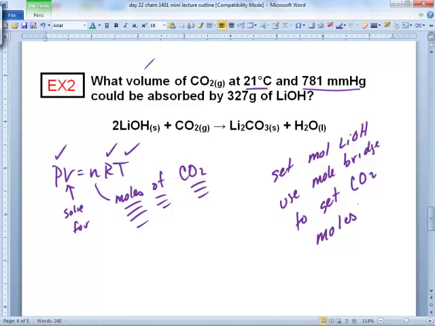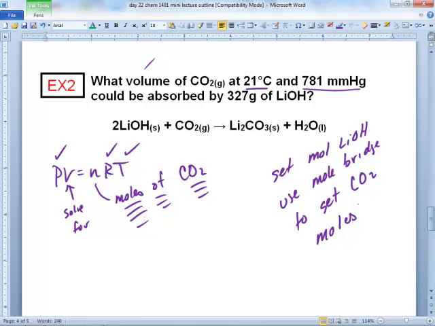And then what do you do with the CO2 moles? Put it in as little n. Put it in here and solve for V.